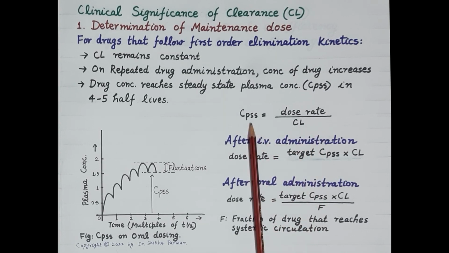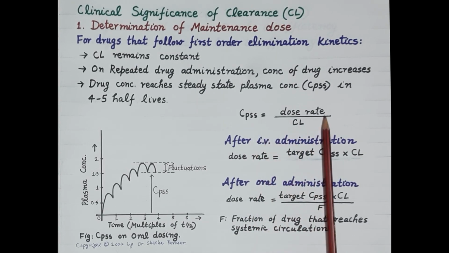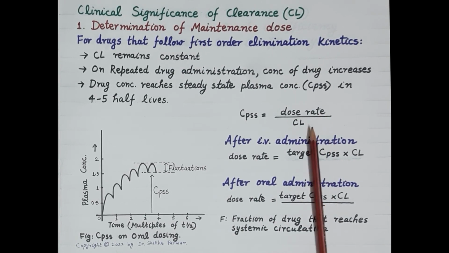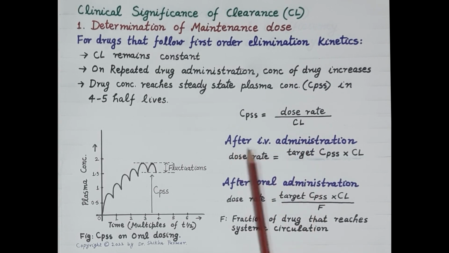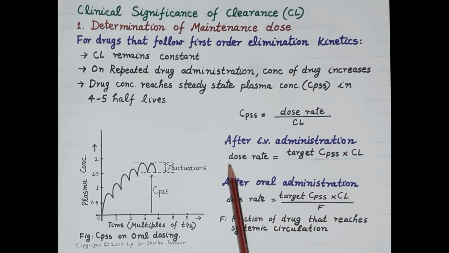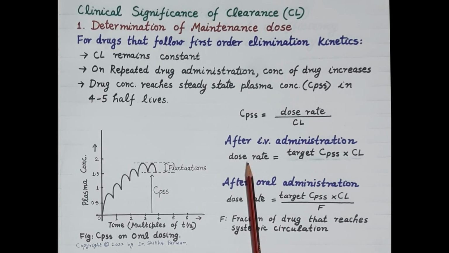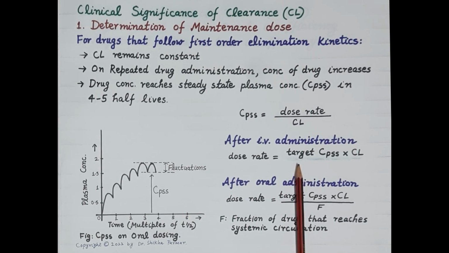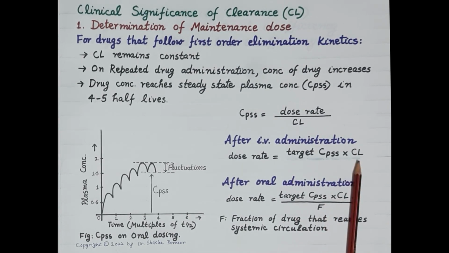That is, the rate at which the dose of a drug is to be given divided by the clearance. After intravenous administration, the dose rate, that is the maintenance dose, is equal to the desired target steady state plasma concentration times the clearance. So in order to determine the maintenance dose, it's very important to know the clearance.